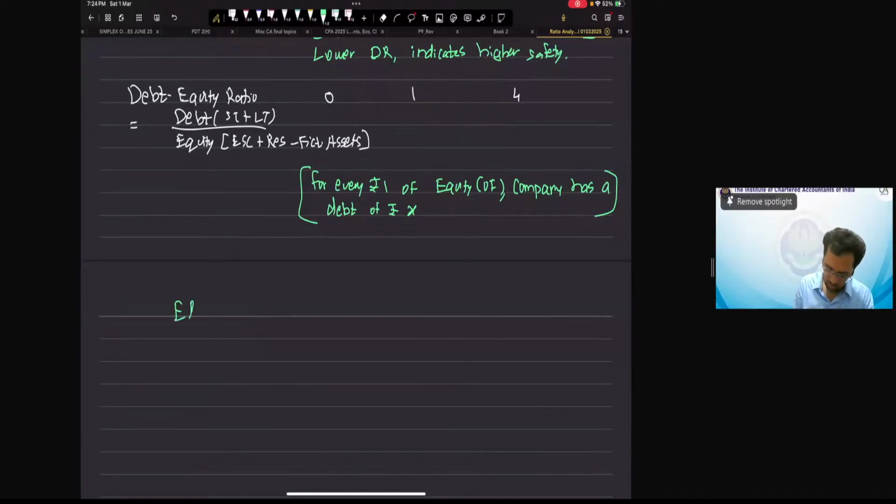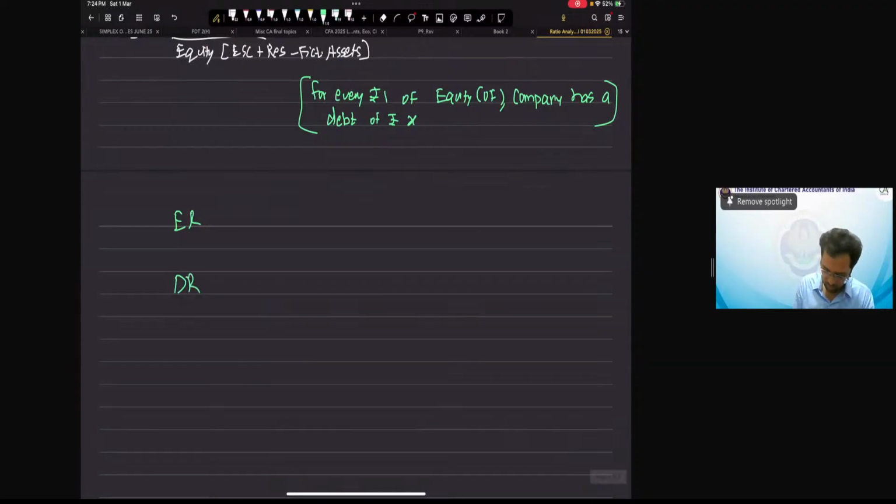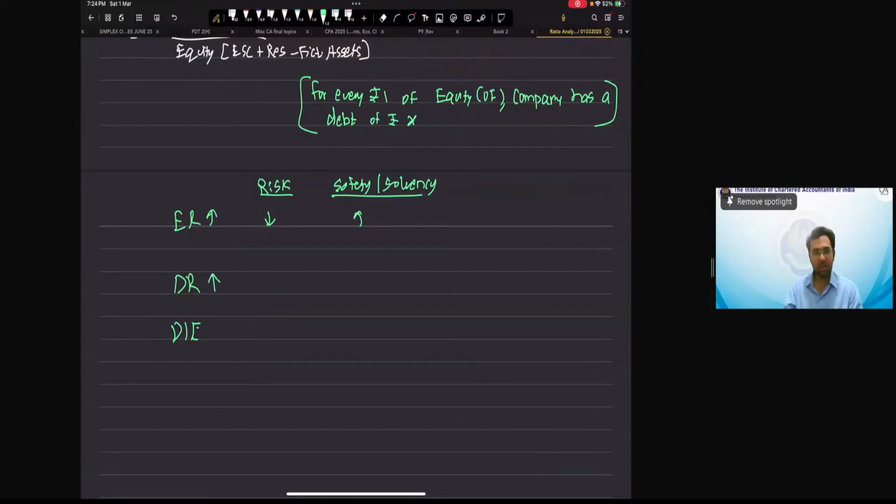equity ratio, debt ratio, debt equity ratio. From a risk point of view, a higher equity ratio means lesser risk, and safety or solvency is higher.